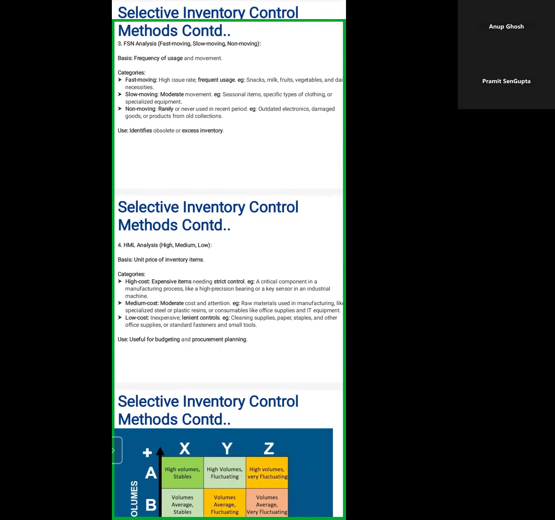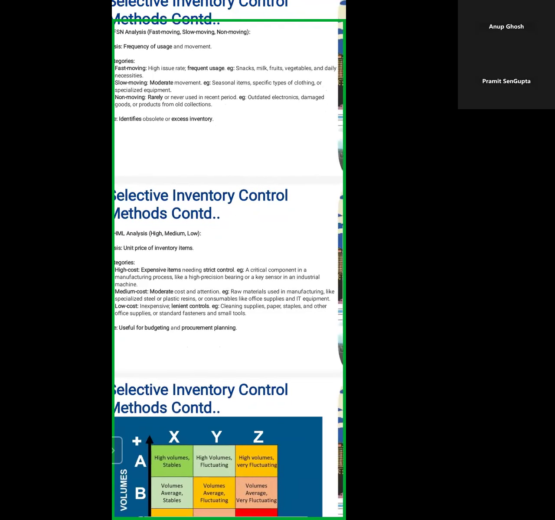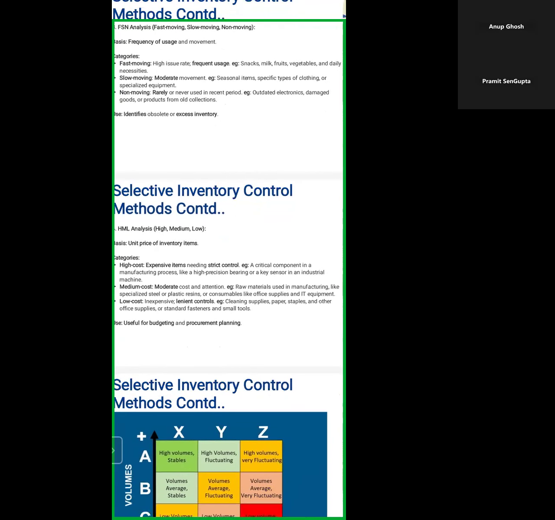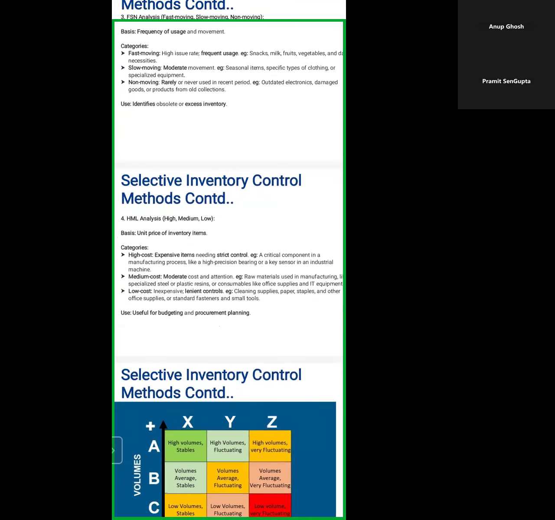Examples: cleaning supplies, papers, staples, and other office supplies, or small tools. These are categorized under the low cost category with lenient control method. Its usefulness, as we see, is primarily for budgeting, to procure for departmental planning or sometimes even institutional planning.